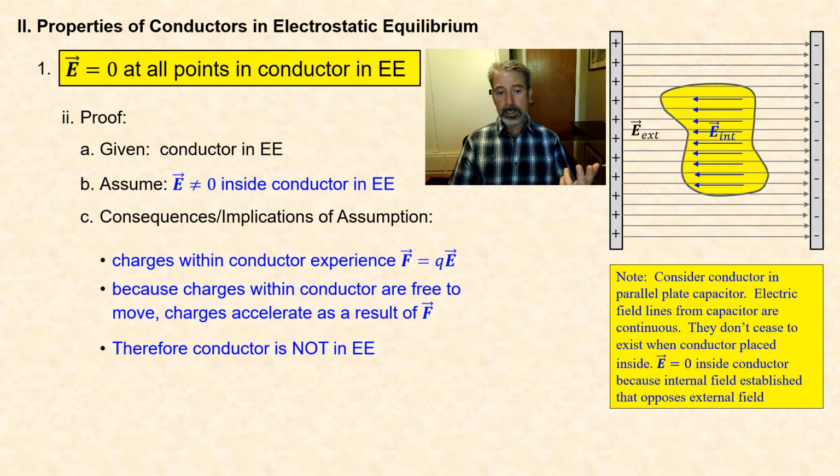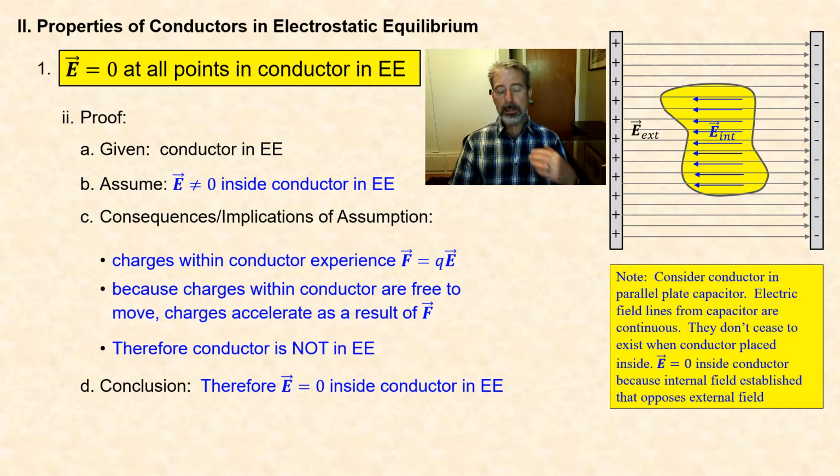While this doesn't give a mechanism, it does tell us that we can rightly infer that the electric field must be zero inside the conductor if it's in electrostatic equilibrium, since this contradiction cannot exist.